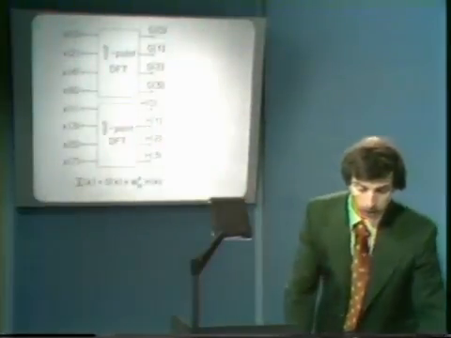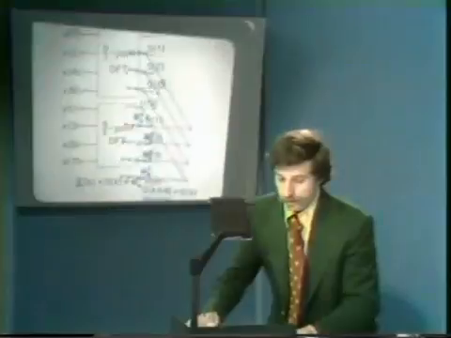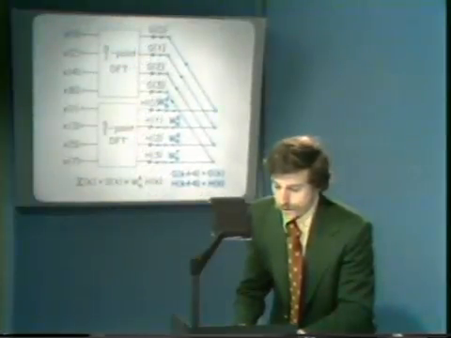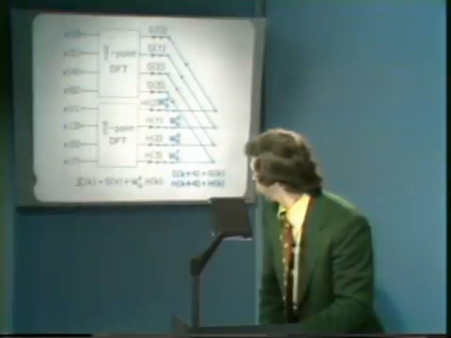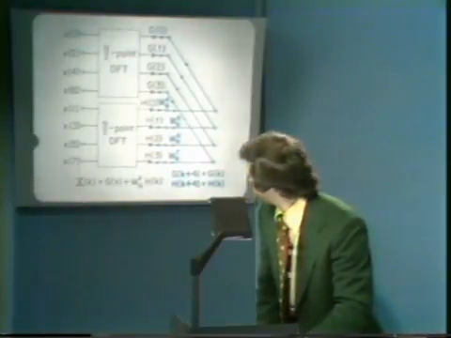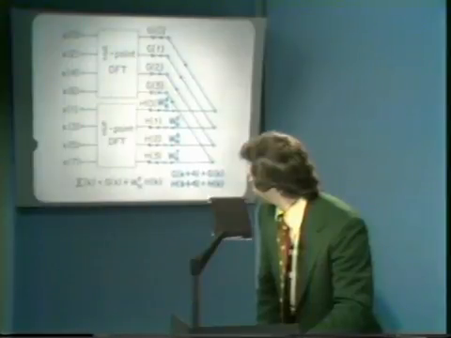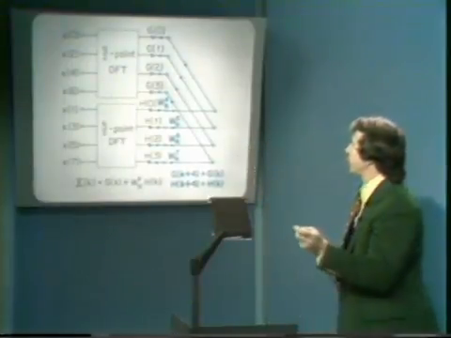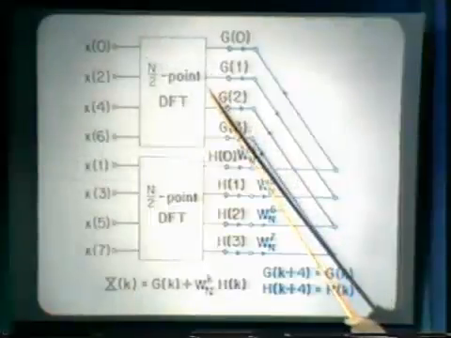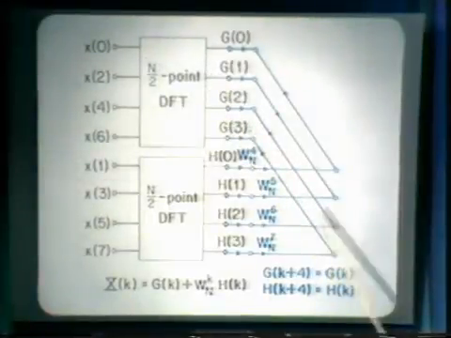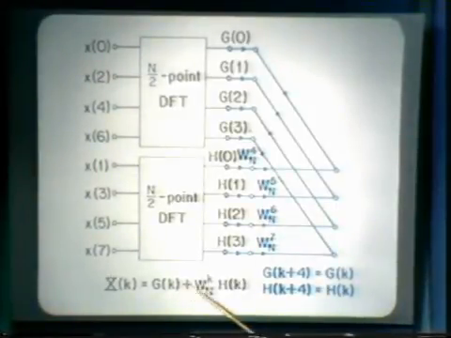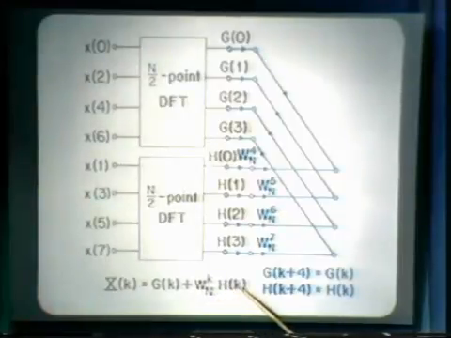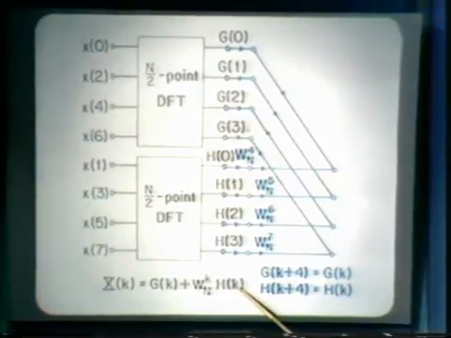So to compute the next 4 points, we can likewise use the outputs of these n over 2 point DFTs. To compute x of 4, we want g of 4, which is equal to g of 0 because of the periodicity, plus w sub n to the 4 times h of 4. H of 4 is equal to h of 0.